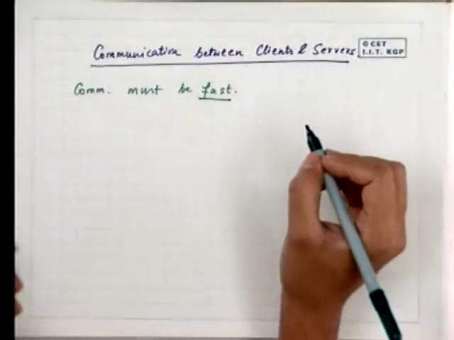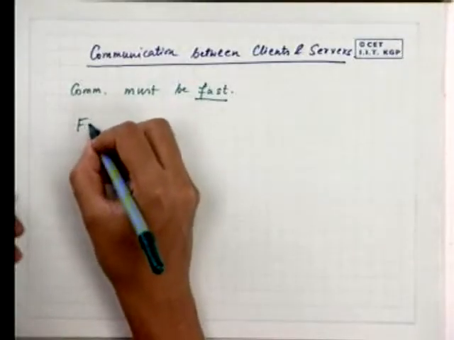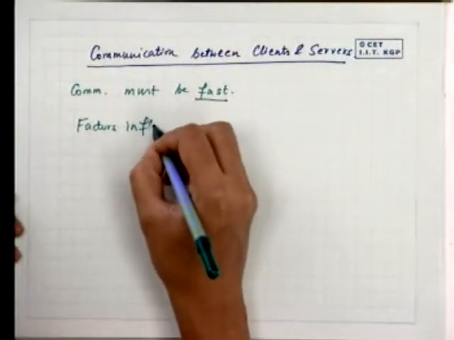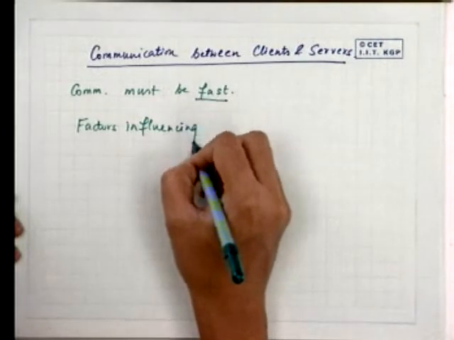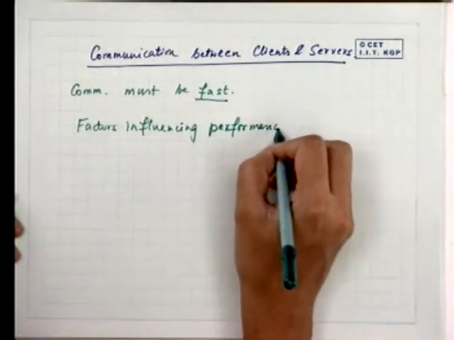So in order to do that, we must look at the factors. First, let us look at the factors which influence the speed of communication. Factors influencing performance of a communication facility.